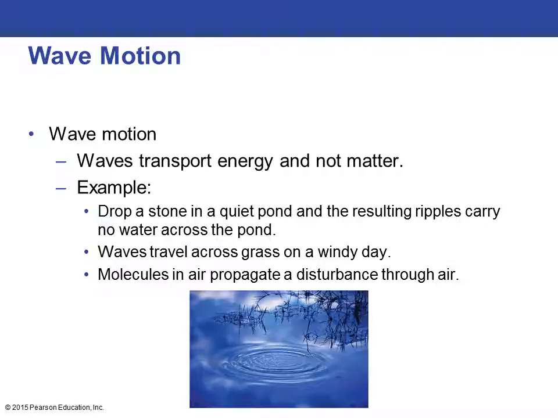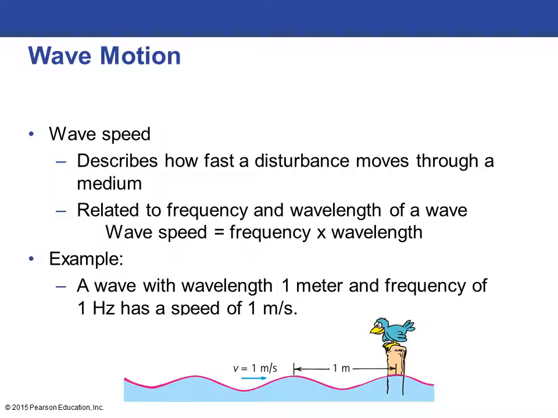Another example would be molecules in air propagating a disturbance through the air. So if there was some kind of disturbance in the air, the molecules in the air could move that energy through the air from one place to another. Now, wave speed describes how fast a disturbance moves through a medium. It's related to the frequency and wavelength of a wave.